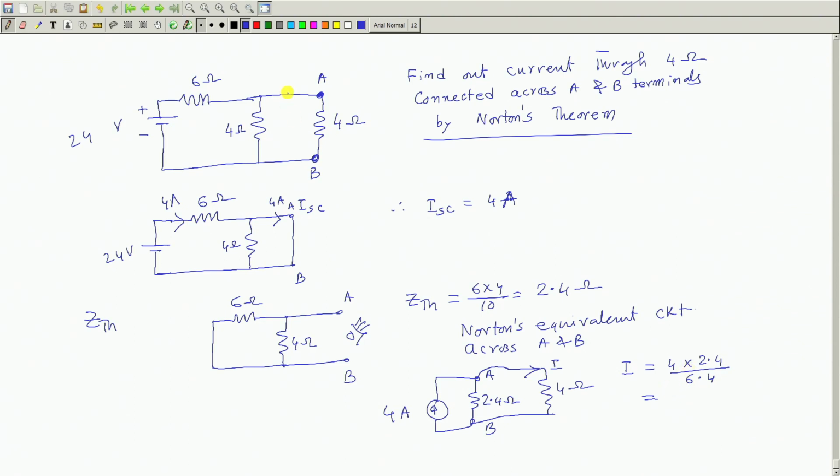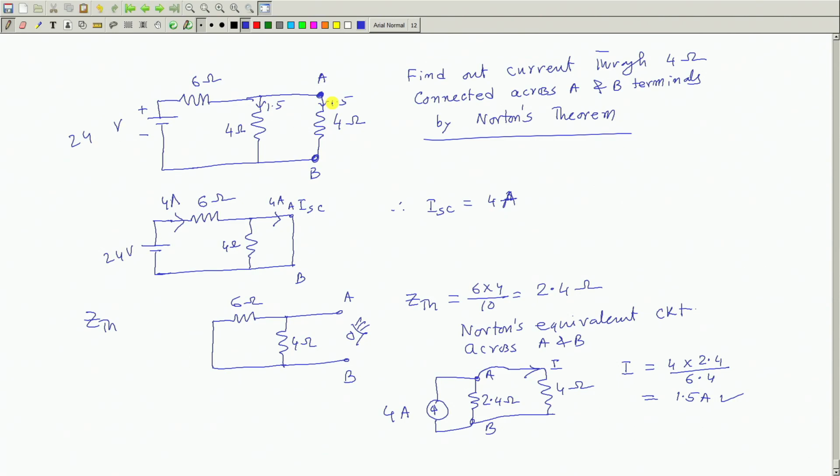Earlier original current was 1.5. So, 1.5 ampere. And this is true because here in the original circuit you see by other methods 4 by 2, 2 plus 6, 8, 3 ampere. Then this circuit solution is already known 1.5, 1.5. So, this is how you will apply Norton's theorem.